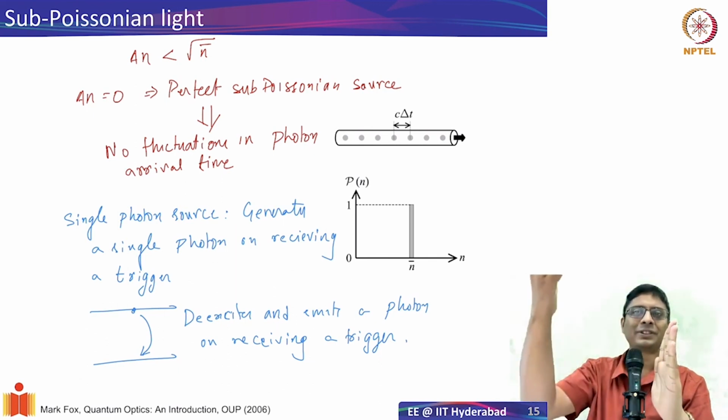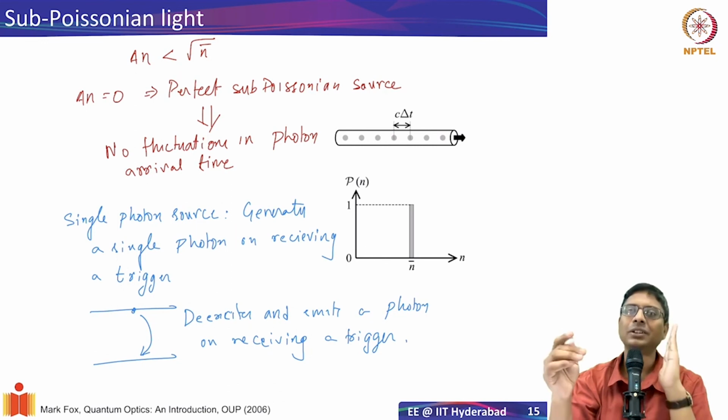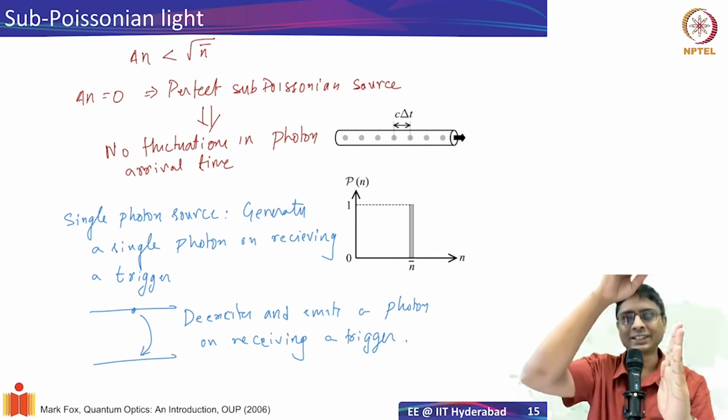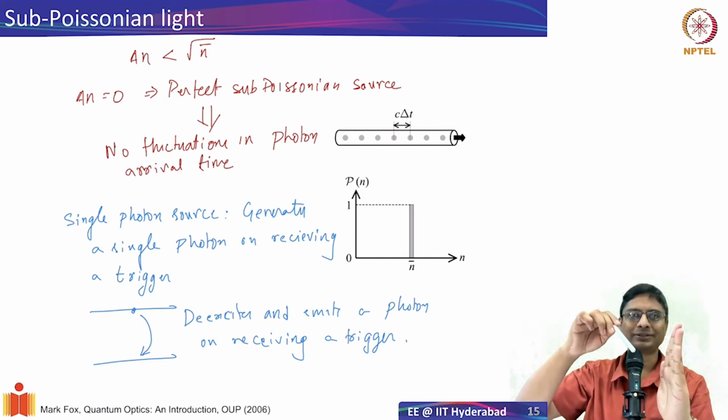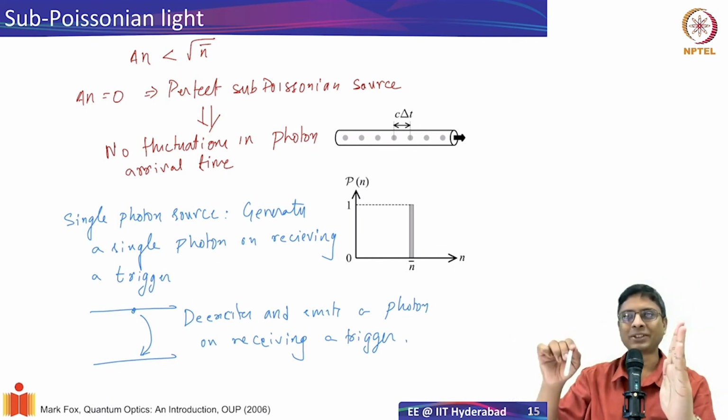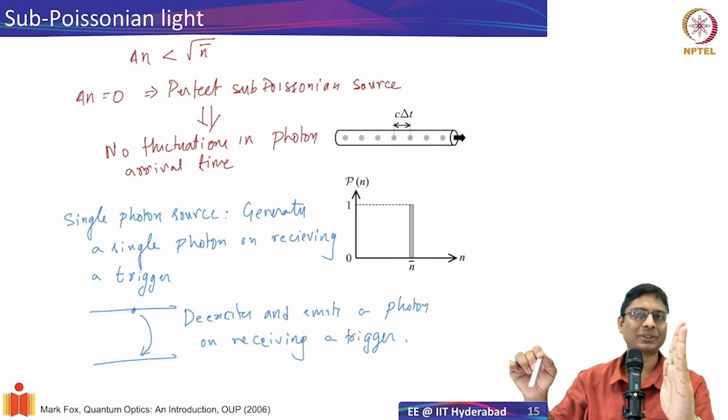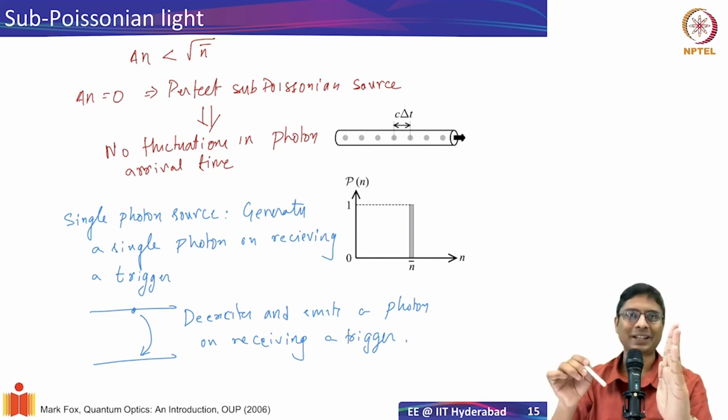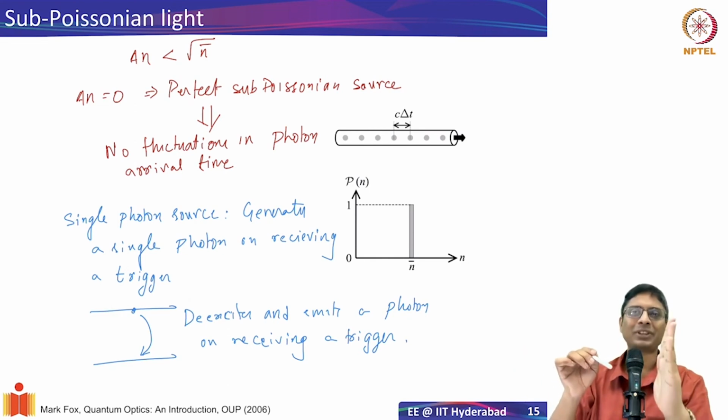If my radiative lifetime was 100 nanoseconds, every time I send a trigger, in the next 100 nanoseconds, it will emit a photon. But if I can reduce the radiative lifetime, within 100 picoseconds, it will emit a photon.